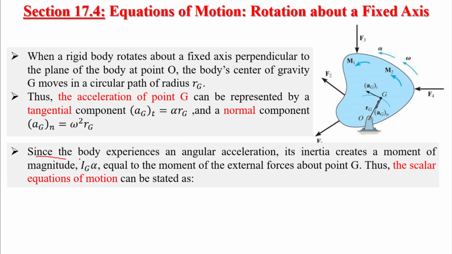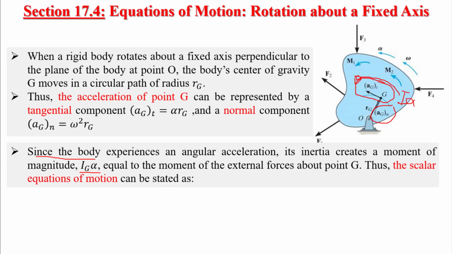Since the body experiences an angular acceleration, its inertia creates a moment of magnitude Ig alpha. We talked before, in section 17.2, the general section, that any rigid body that rotates has a moment due to acceleration, and we have a moment due to angular acceleration, and its magnitude is I times alpha.